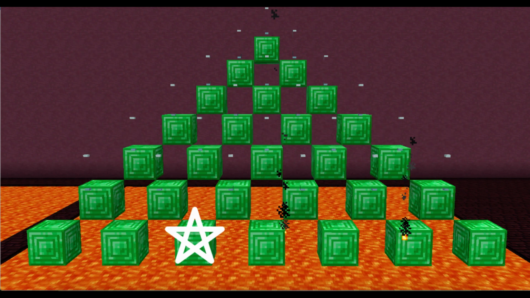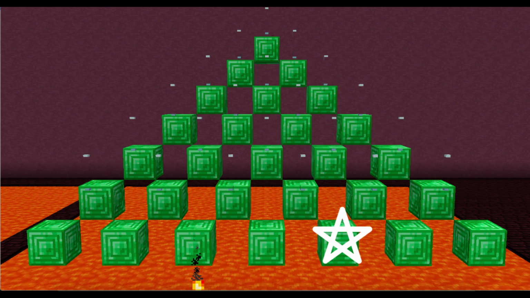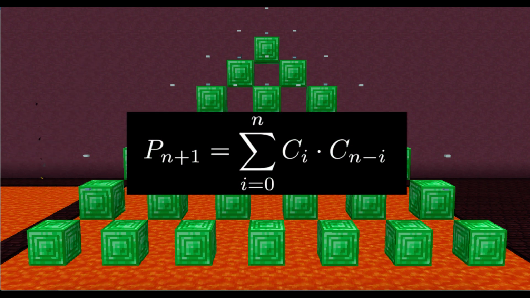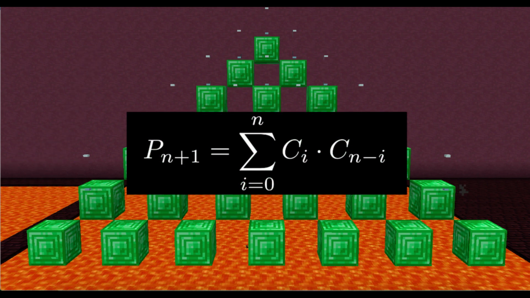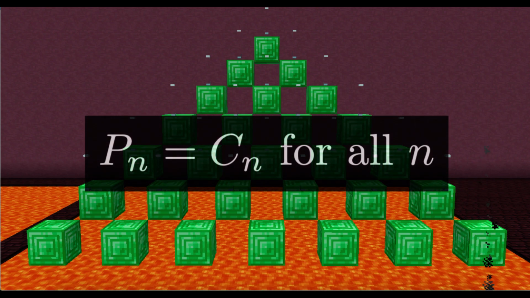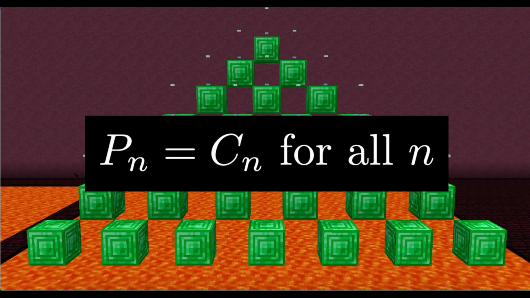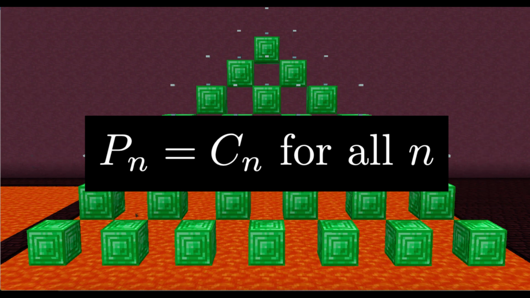Since i can be any value between 0 and n, we have that the n plus first parkour path number is equal to the sum from i equals 0 to n of c_i times c_(n minus i). This proves that the nth parkour path number is equal to the nth Catalan number for all n.